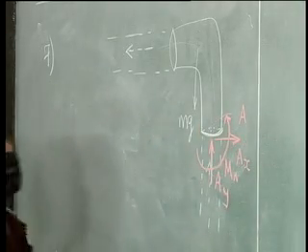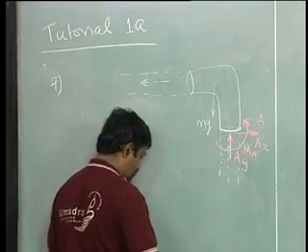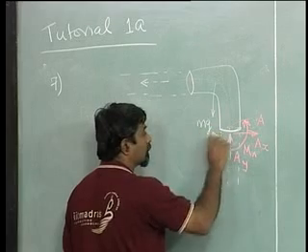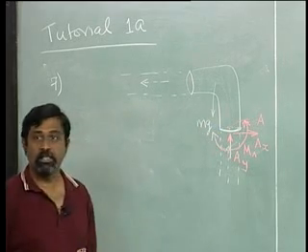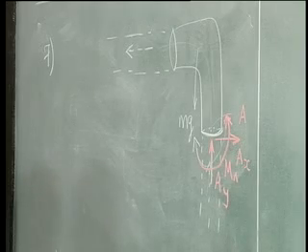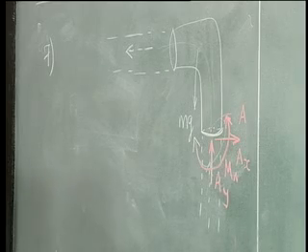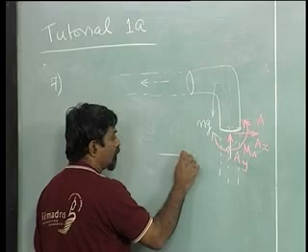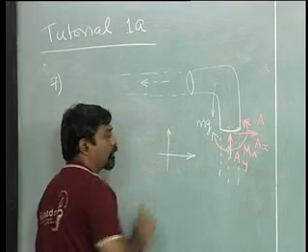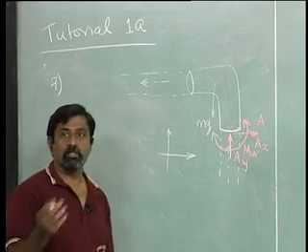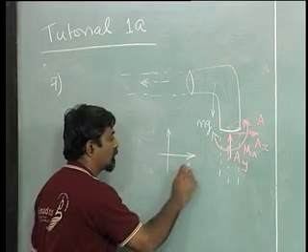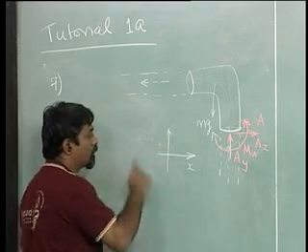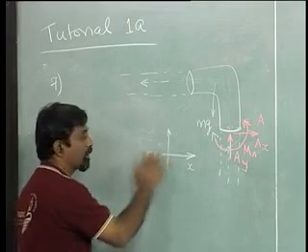Now the question is, should I draw like this or should I draw like this? That is the question. The answer is you can draw either way, it is a matter of convention that you use. Generally we introduce a reference set of directions so that it is easy for us to represent most forces in this type of fashion.